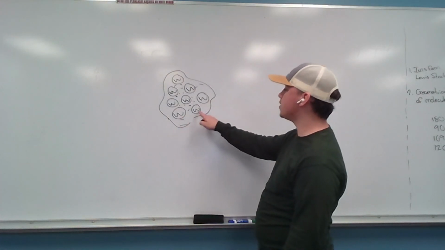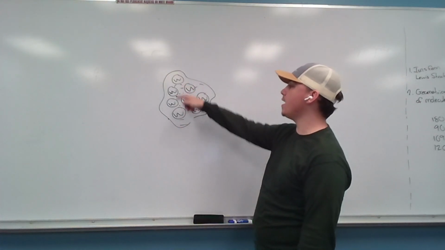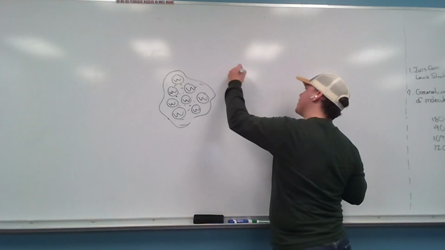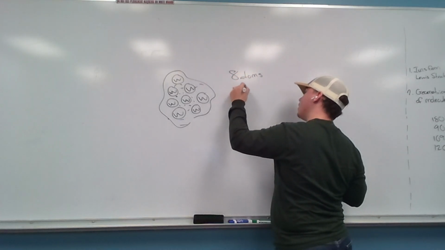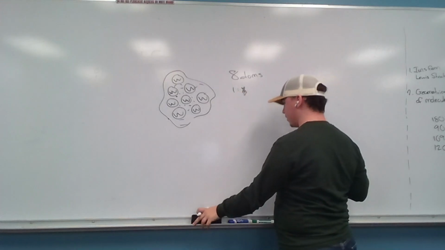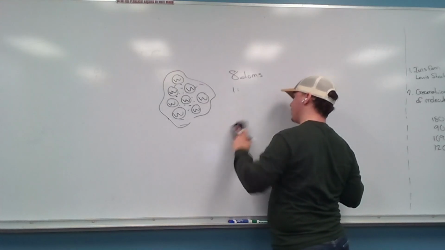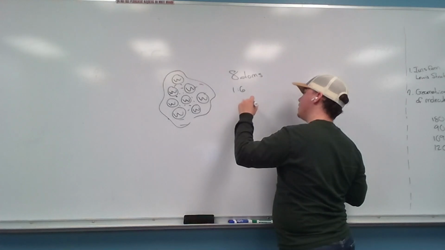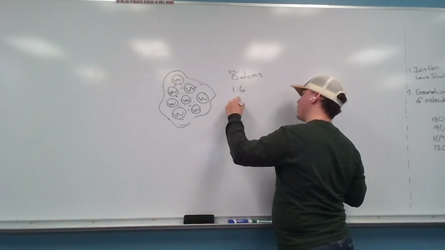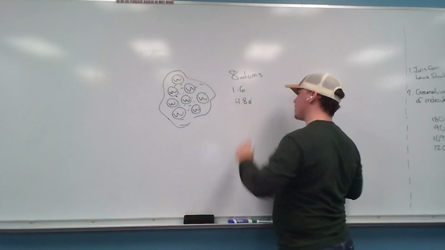So I have 1, 2, 3, 4, 5, 6, 7, 8 atoms. And for every atom, I have 6 electrons floating around being shared. 8 times 6, and so I have 48 electrons in my electron sea.